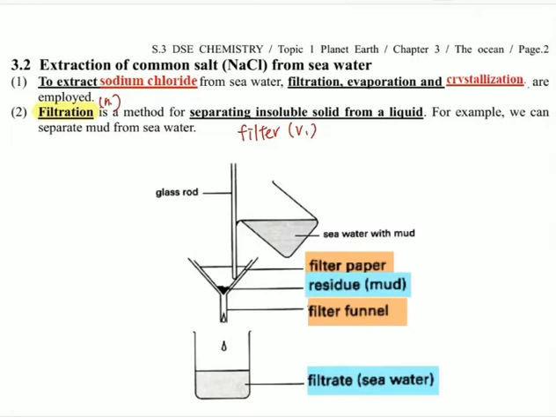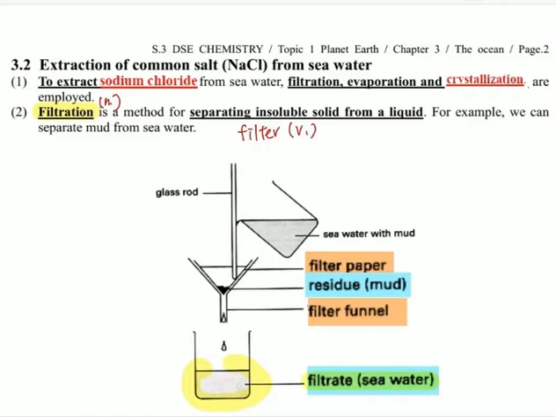Many students always write filtrate for the verb. Actually, it is not filtrate the mixture, it's filter the mixture. Filtrate is the resultant liquid that we collect at last. So the resultant liquid is called a filtrate. Filtrate is not the verb for filtration, okay?